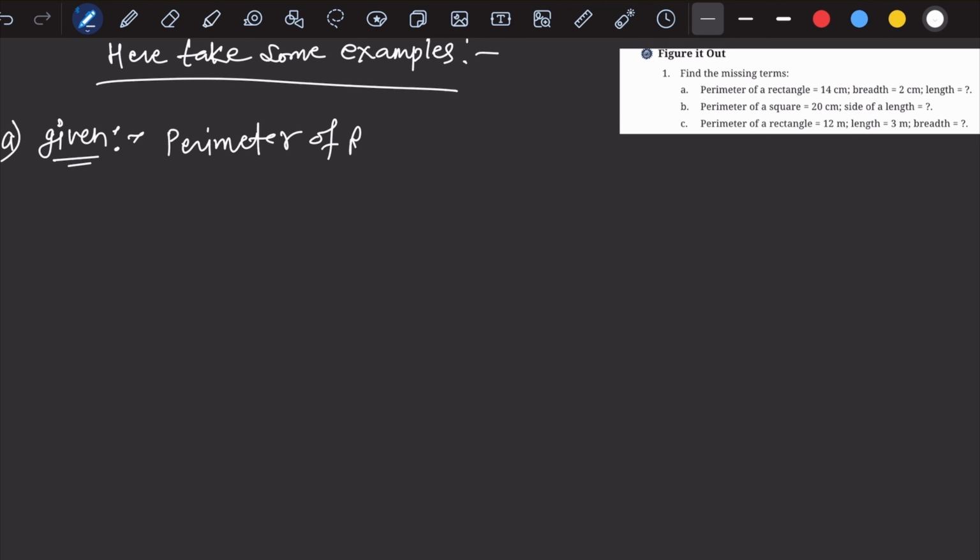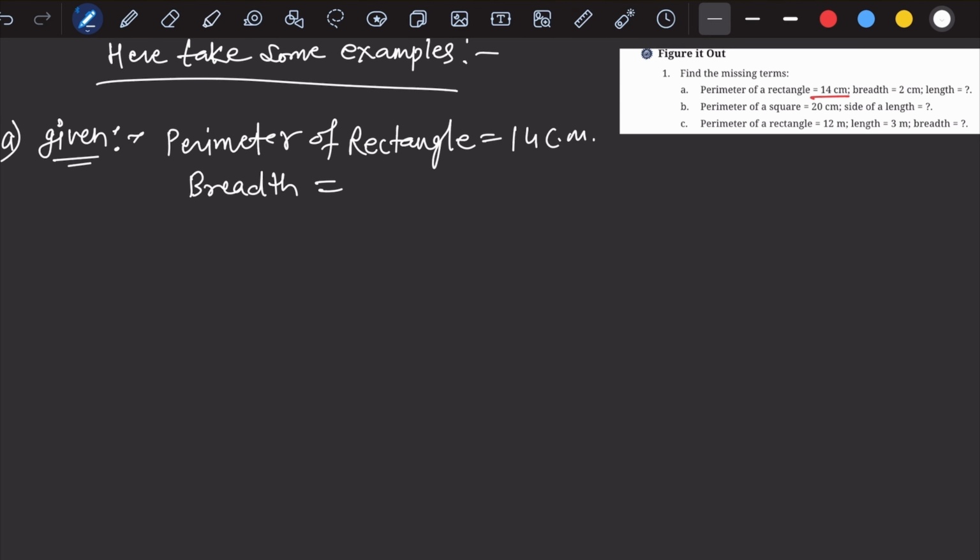What is the perimeter given here? This one, 14 centimeter. And what is the breadth? We have breadth equal to 2 centimeter. What we have to find? Length. Okay, so what is the length?